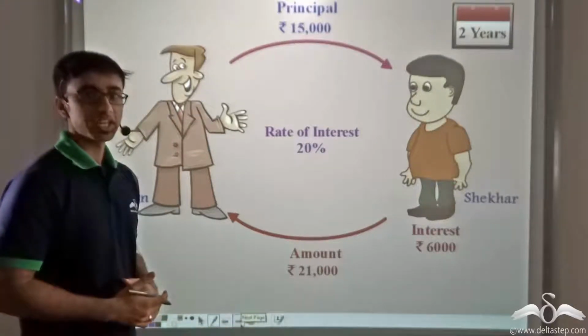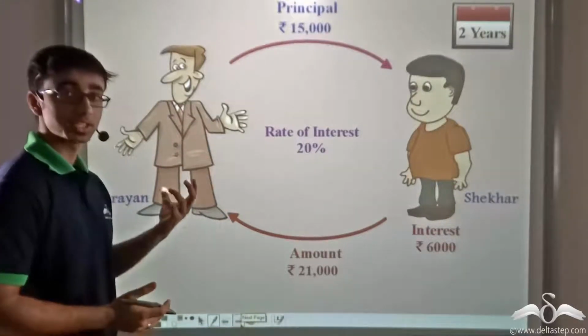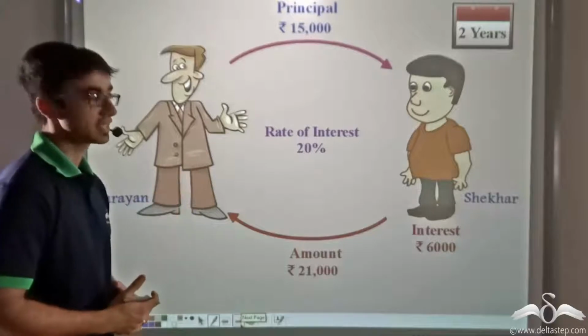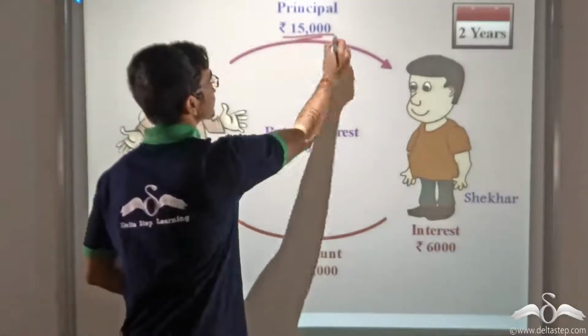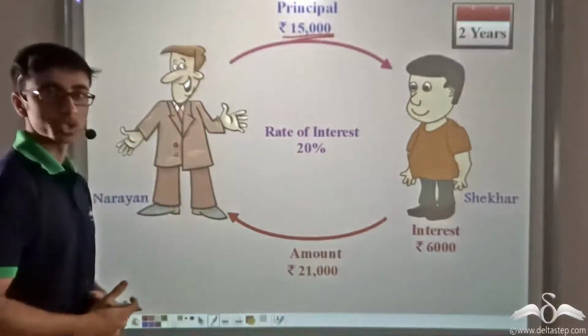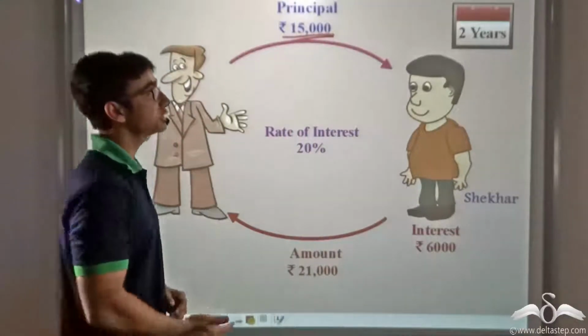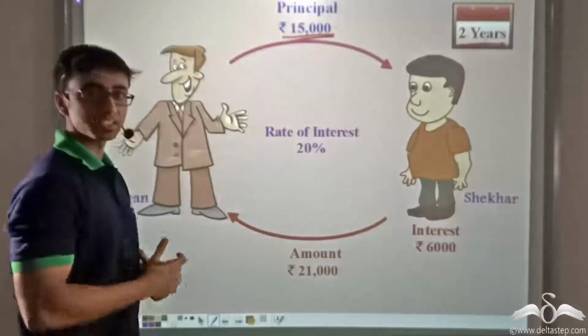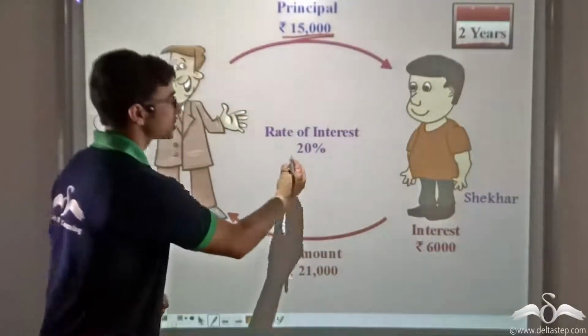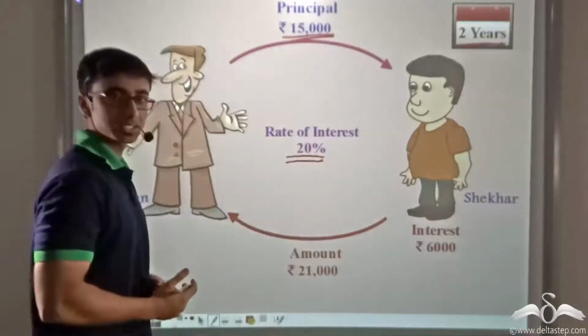Now another friend of Narayan, Shekhar, comes to Narayan with his difficulty. Shekhar wants a sum of rupees 15,000, just like Sundar had wanted, but Shekhar wants it for a period of 2 years. Now Narayan has a fixed rate of interest, so he's charging it at 20%.